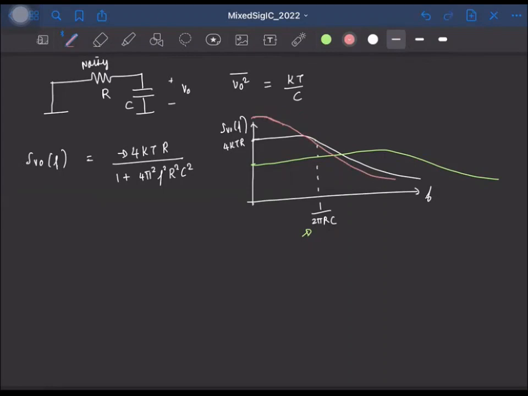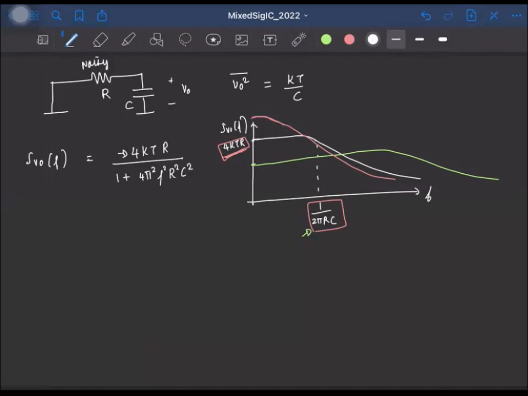So overall, even if the resistance varies, the entire area under the curve will remain constant because when you change the resistance value, both the power spectral density value changes and the bandwidth of the filter also changes. Okay, so these two effects exactly cancel each other.